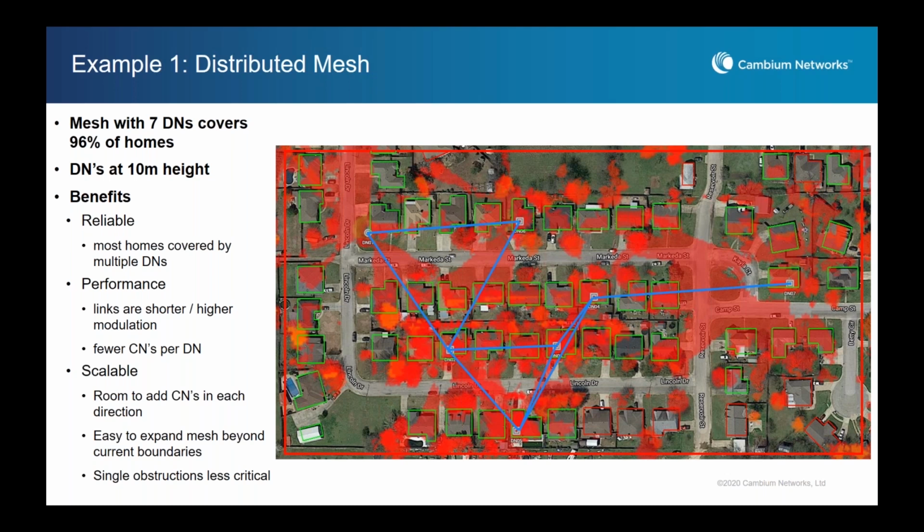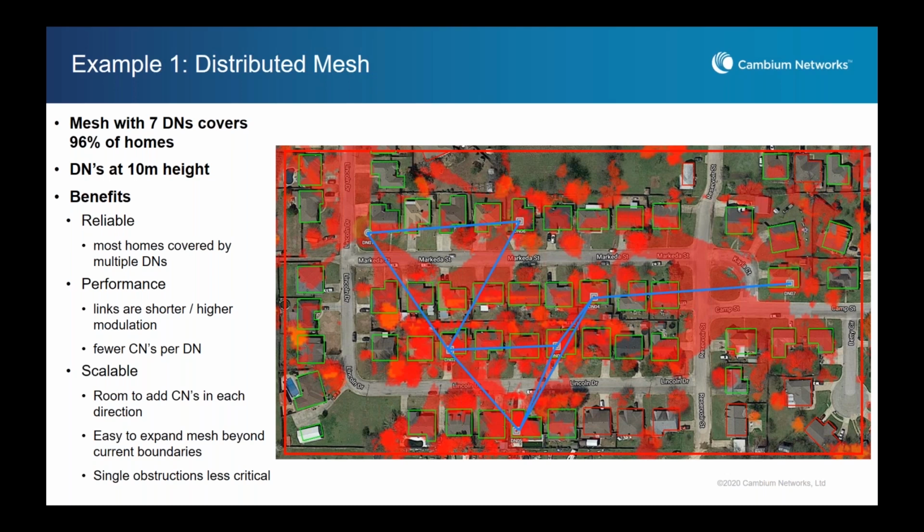You can see that it's reliable. Most homes can have line of sight to multiple distribution nodes. So you've got resiliency: if one DN goes down, that client node can see more than one. All my links are shorter, which means all my links are higher modulation and more capacity. I have fewer CNs per DN.